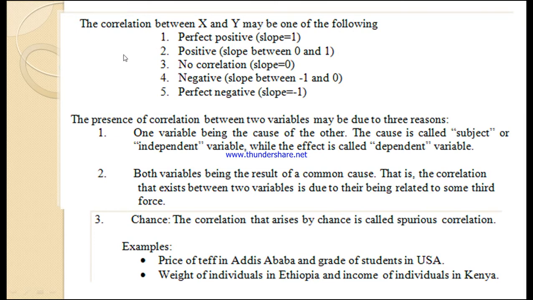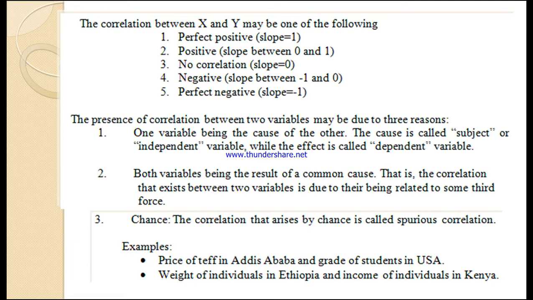Let us proceed to how we can interpret the correlation between two variables. The correlation between x and y variables is positive when the slope is between 0 and 1, and the correlation is perfect positive when the slope of the equation is 1.